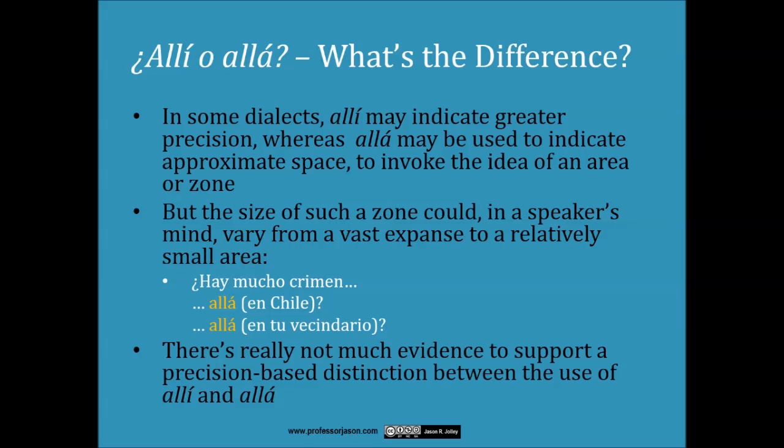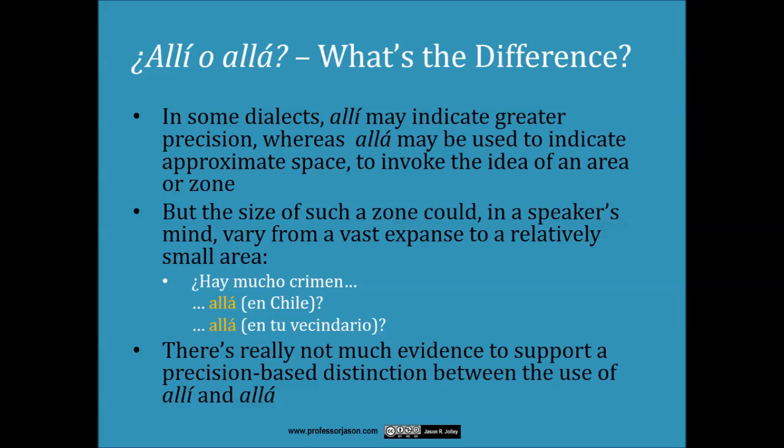Again, in some dialects, allí may indicate greater precision, right? They both refer to something far away, but maybe in some dialects I use allí to indicate greater precision, whereas allá may be used to indicate approximate space, to invoke the idea of an area or a zone, right? But keep in mind, again, that the size of such a zone could, in a speaker's mind, vary from something vast to a relatively small area.